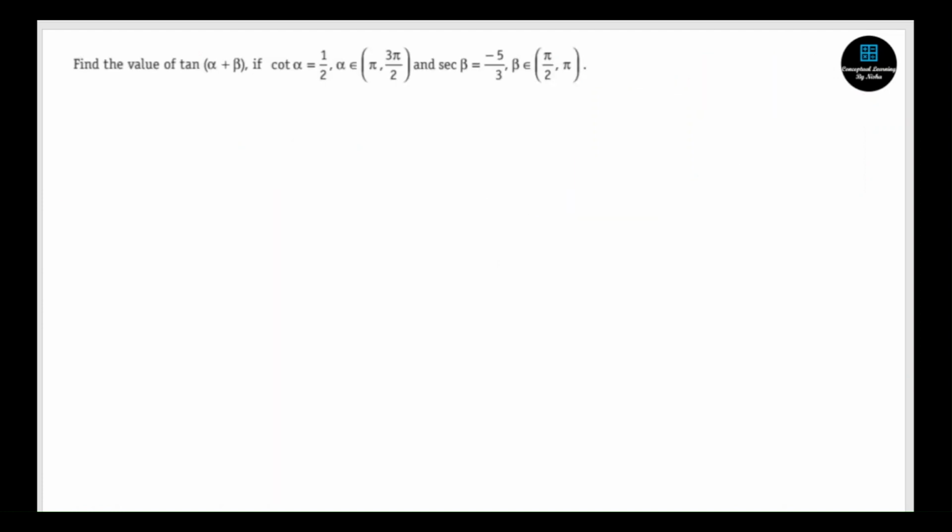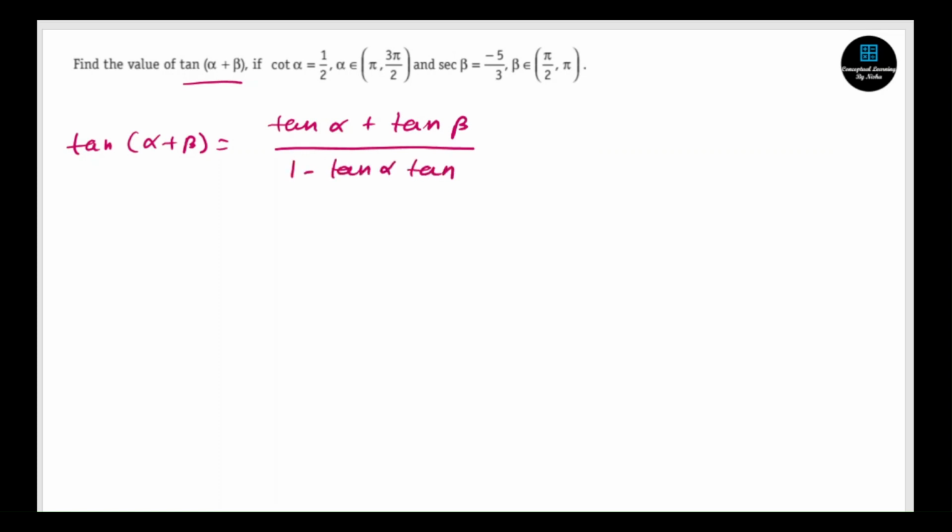Now, a very interesting question. We have to find the value of tan(alpha plus beta). If I apply the formula first, tan(alpha plus beta) is equal to tan alpha plus tan beta over 1 minus tan alpha tan beta.